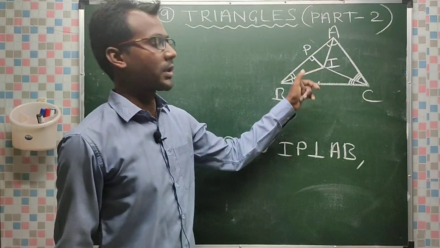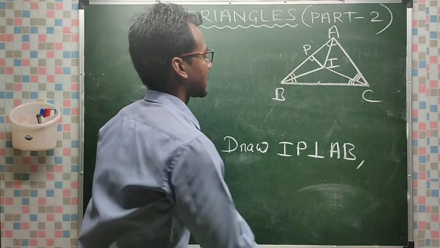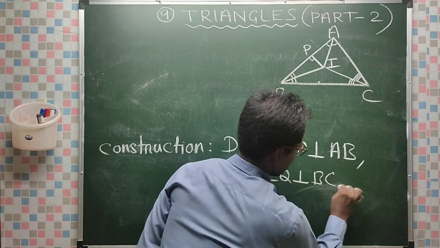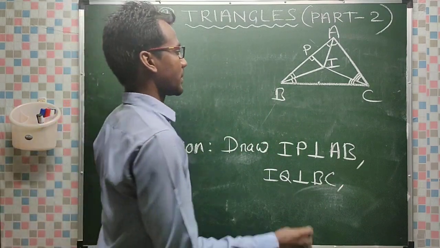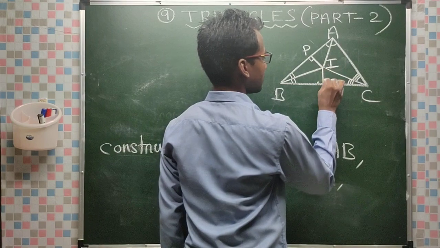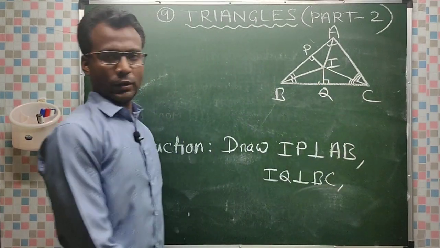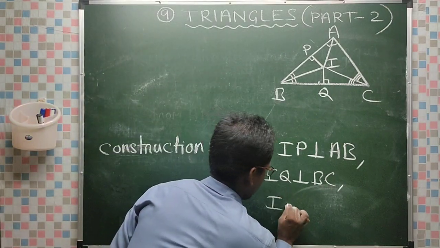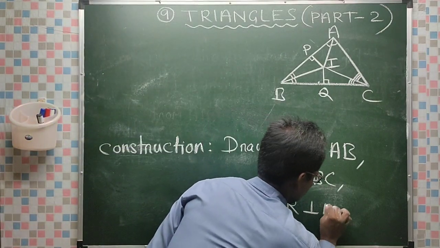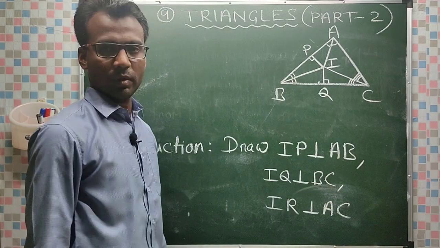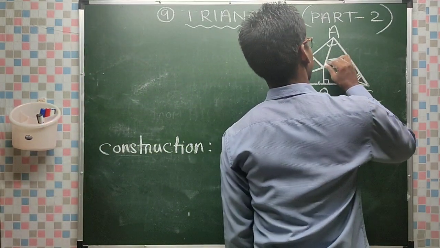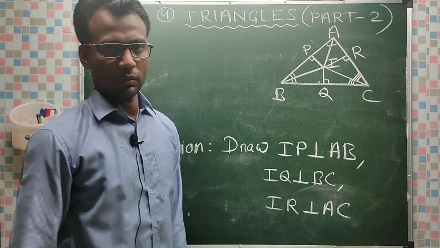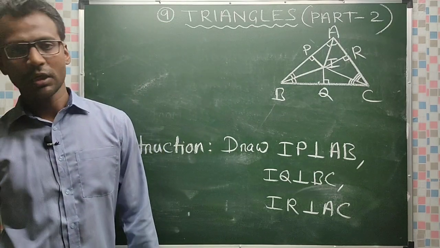So you can see I have drawn perpendicular IP to AB. Then IQ perpendicular to BC. Then IR perpendicular to AC. So construction is over.